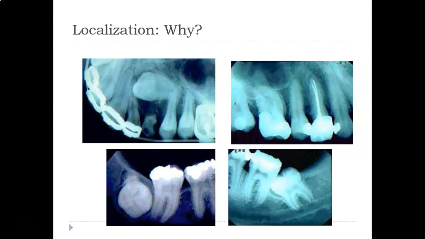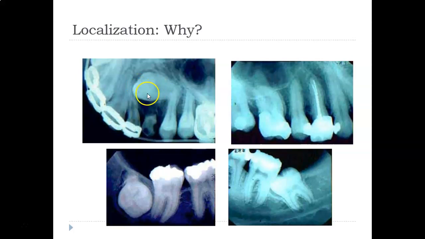Things that are in front or behind each other end up superimposed, so we can't tell if something is more toward the buccal or more toward the lingual surface. For example, if we look at this radiograph up here, we have an impacted canine. Here's the baby canine, and here's the permanent canine, but it's impacted.